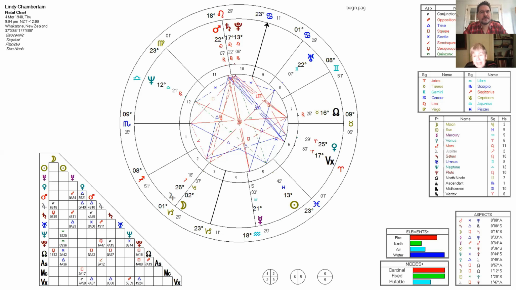Also, she's lacking in mutable. So she's lacking in that earth mutable, lacking in the Virgo side to her, if you like, so she's probably not always as discerning as she should be. She's not as discriminating as she should be.